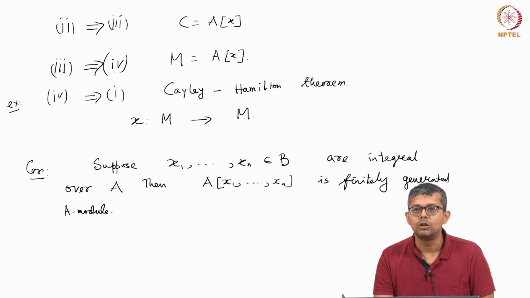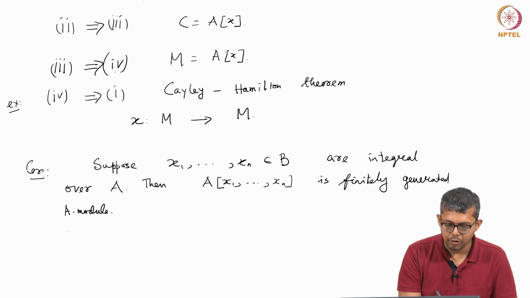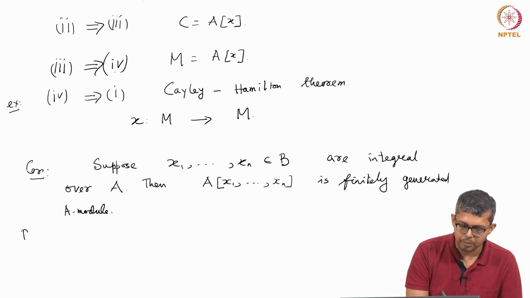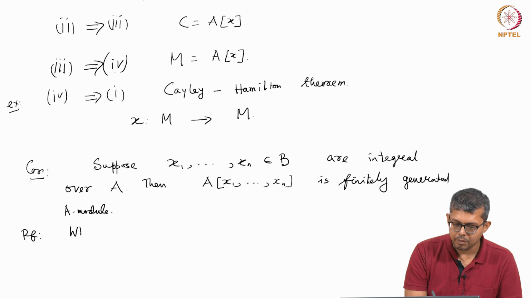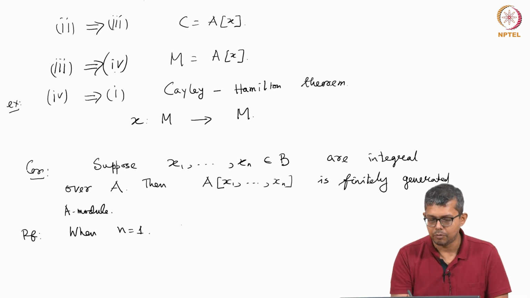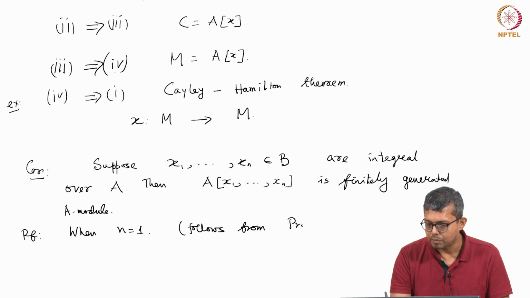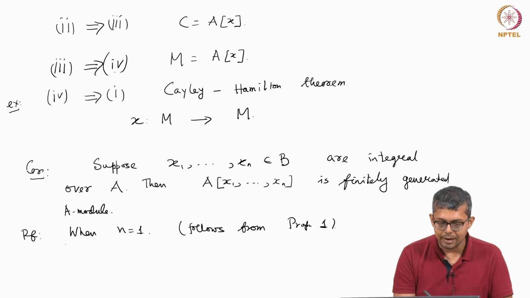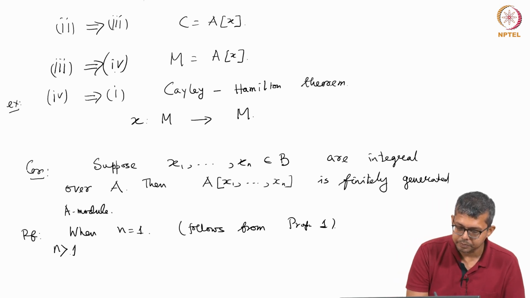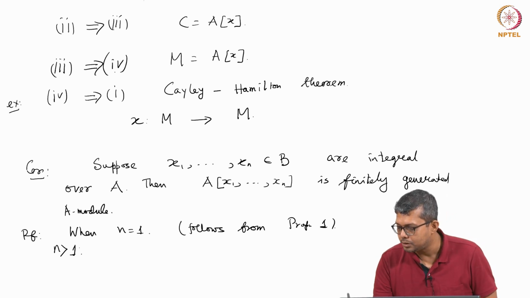So this proof follows from the induction hypothesis. How? When n equals 1, it already follows from proposition 1. When n is greater than 1, you use the induction hypothesis. How do you use it?